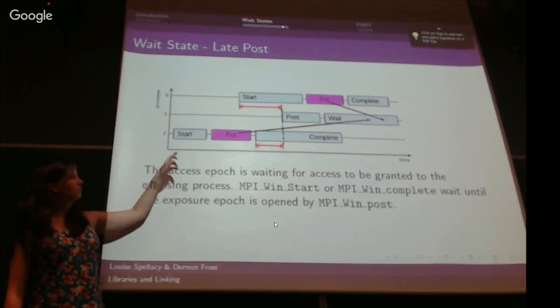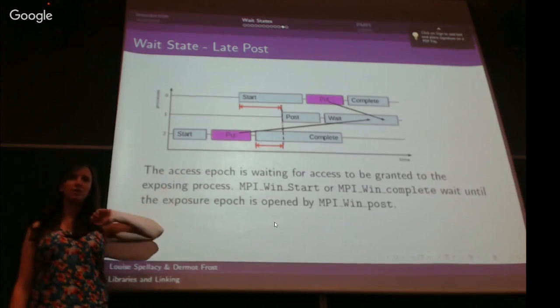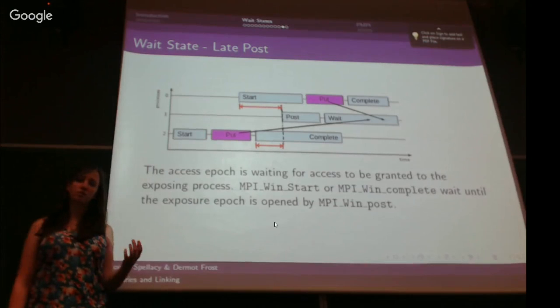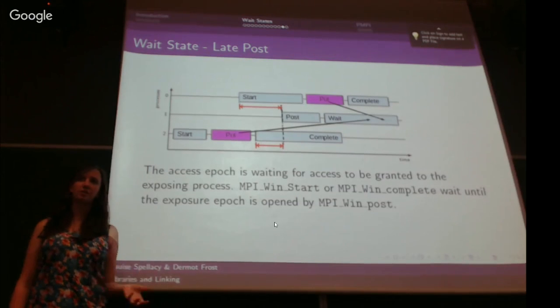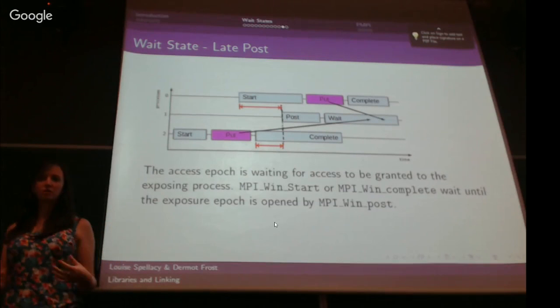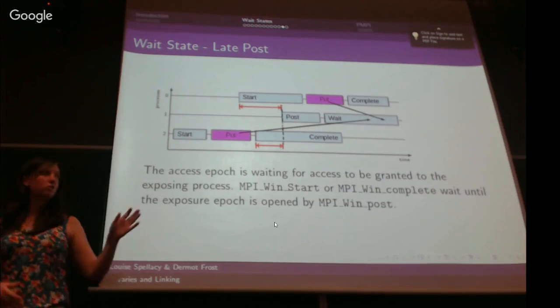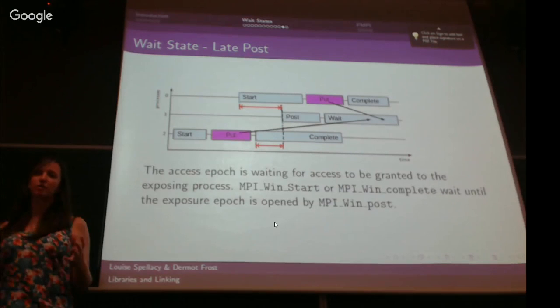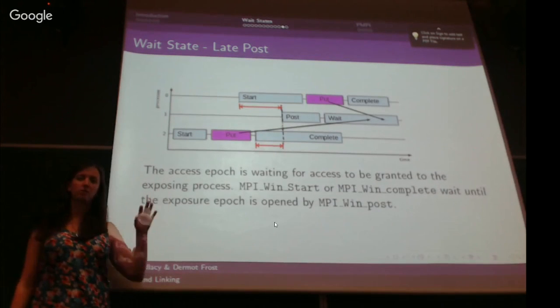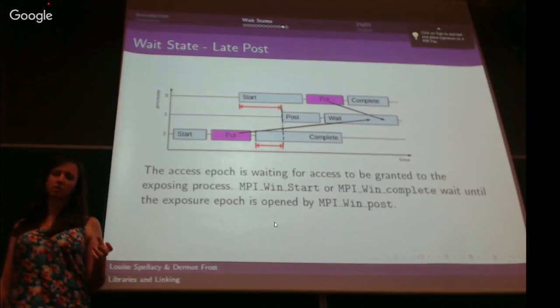But if the post to say that the data has been made available is posted after the starts, those processes are waiting until the data has been made available. So even though it's called one-sided and kind of thought of as non-blocking, you do have to wait for the data to be made available. So if that post is posted late, you're then causing all the other processes to wait.